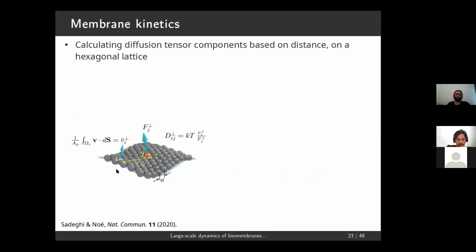The way to use that is when you put a force on the jth particle, you can read the displacement that would result from that force on another particle, and based on that you can calculate an out-of-plane diffusion coefficient. The force comes from integrating the stress, and the displacement from the velocity field.